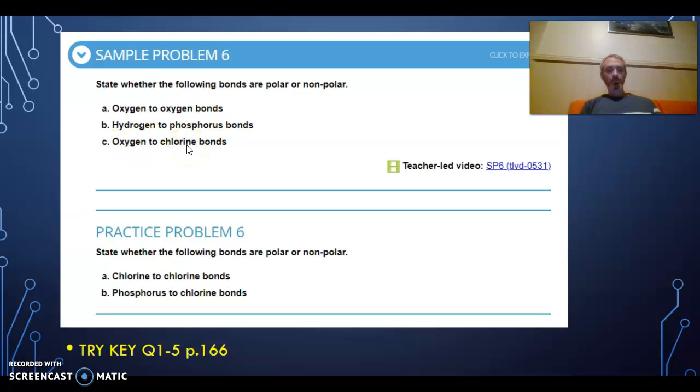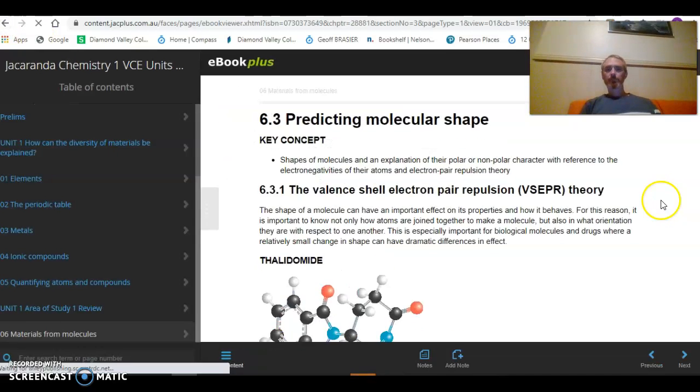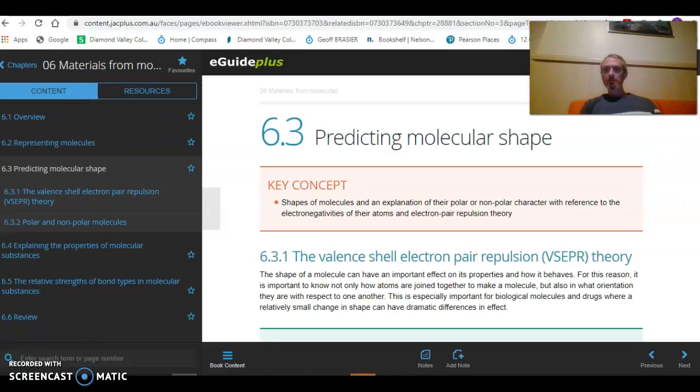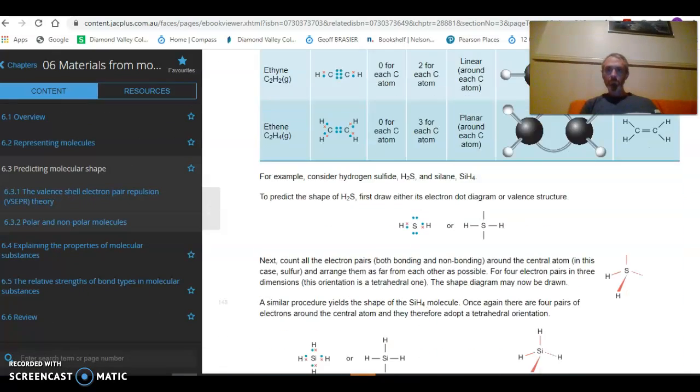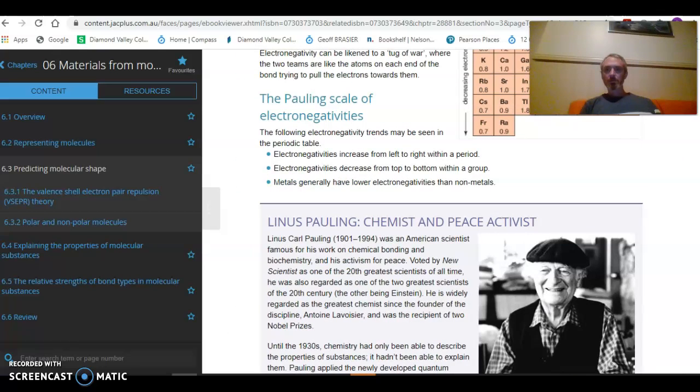And a key thing to help us do this is a table of electronegativity. This is shown here, the Pauling scale.